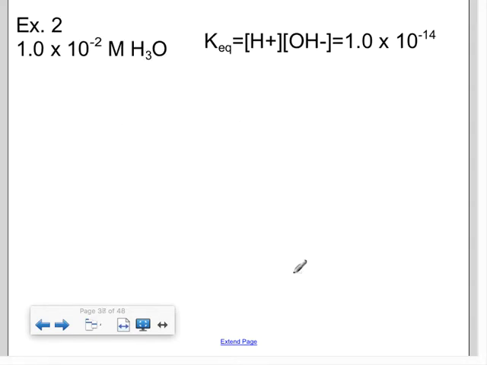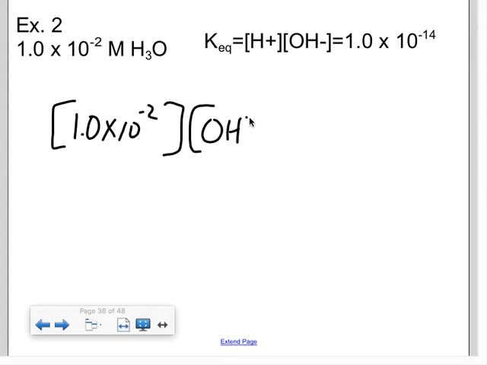Another sample problem. This time we're given this H3O, that's going to be my H, so we're solving for OH. How do you get OH negative by itself? Divide both sides by 1.0 times 10 to the negative 2.